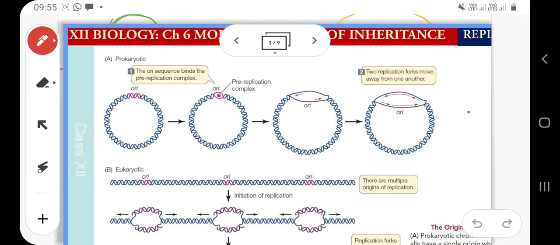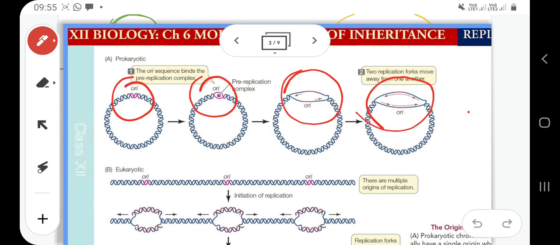You can see the gradual opening here. So DNA is unwinding gradually, then DNA replication begins, and we are taking only this part as the replication fork for ease of study.